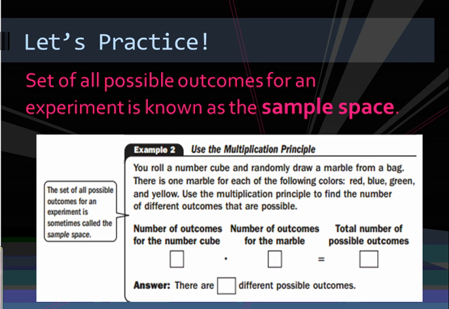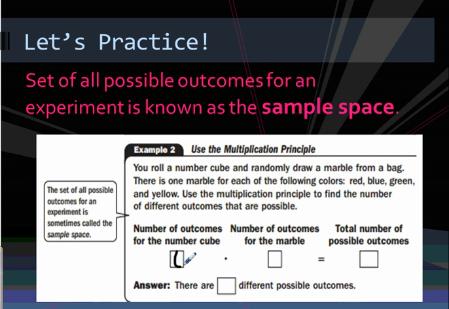Okay. For using the multiplication principle, you will roll a number cube, so like a die, and then you're going to randomly draw a marble from a bag. There is one marble for each of the following colors: red, blue, green, and yellow. Use the multiplication principle to find out the number of different outcomes. So how many numbers do we have on the die?